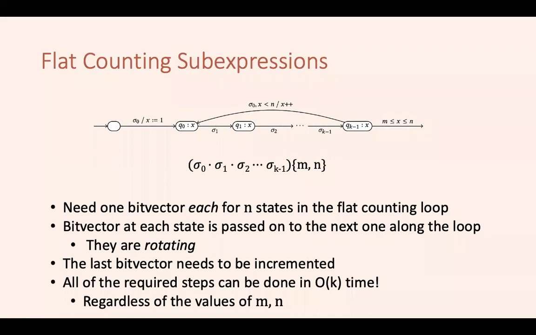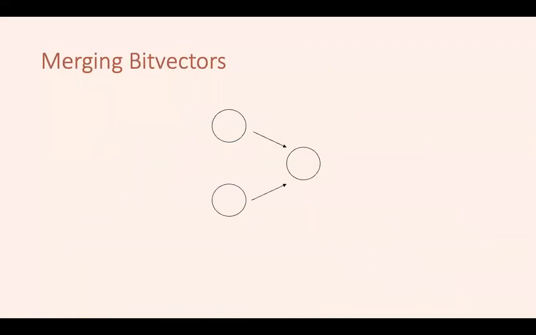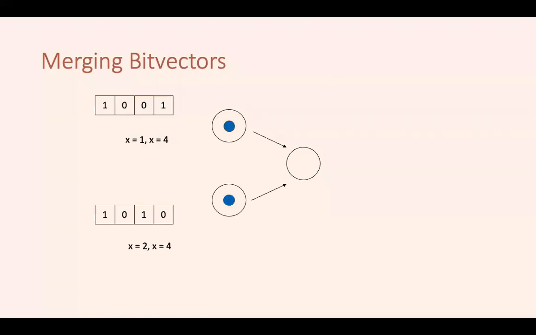But the bit vectors are more general than that. Let me explain that in some more detail. Imagine you have two states and transitions which transition into a common state. Let's say one has counter values like 1 and 4, and the other has 2 and 4.